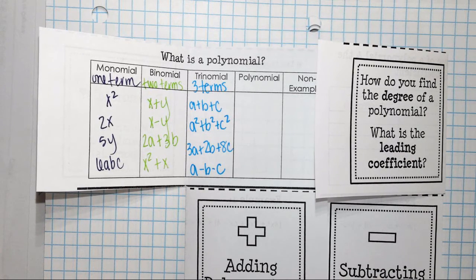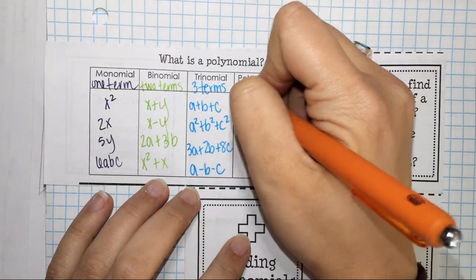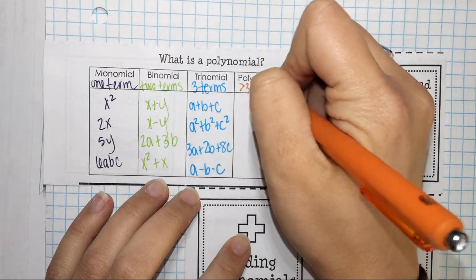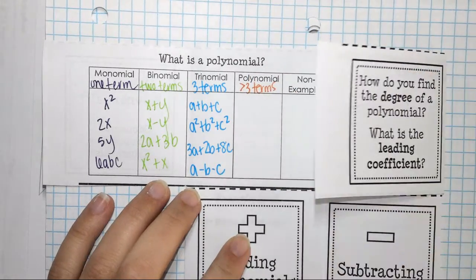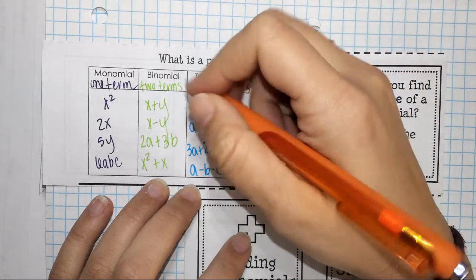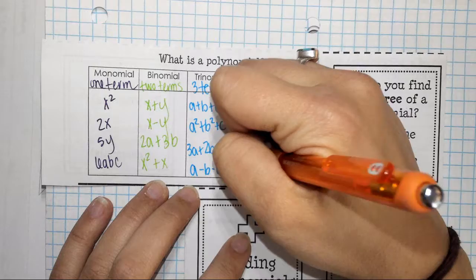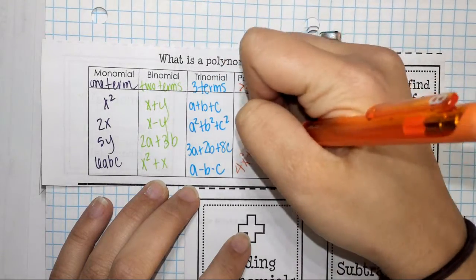Alright, what would a polynomial be? More than 3. Take a point. I'm only going to write one example down.